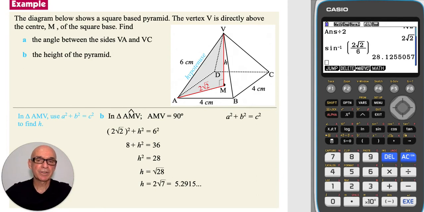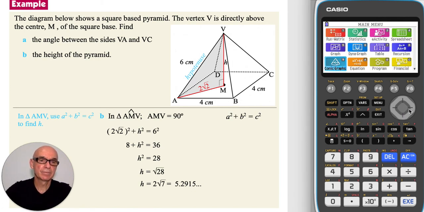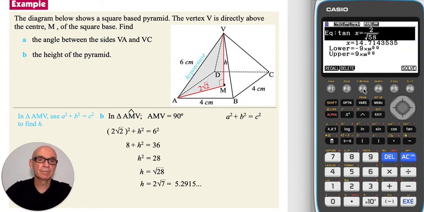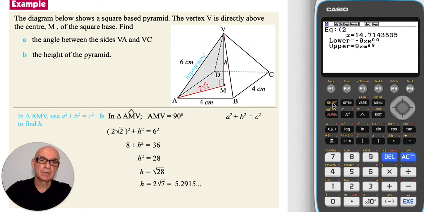Alternatively, we can solve the equation on the calculator. From the main menu, select Equation, press F3 for Solver, type in the equation, so bracket, and then 2, Shift to access the square root, and then 2, and then the right cursor, and then closing the bracket, and pressing the squared button, and then pressing the X variable button to represent h squared.